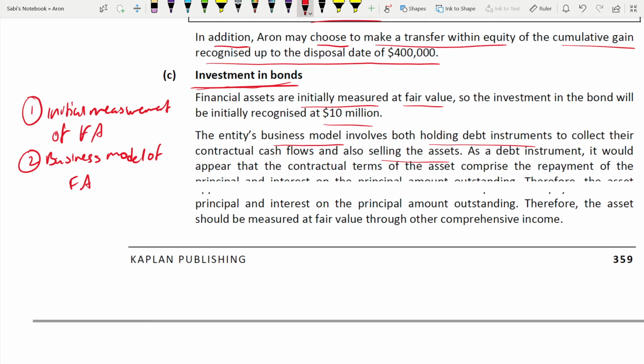You're keeping it to collect cash flow and then you're selling it. As a debt instrument, it has contractual terms comprising the repayment. As a debt instrument, you have the right to receive principal and interest from that bond. It's an asset for you. Therefore, the asset should be measured at fair value through other comprehensive income.